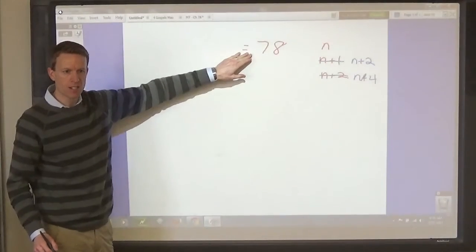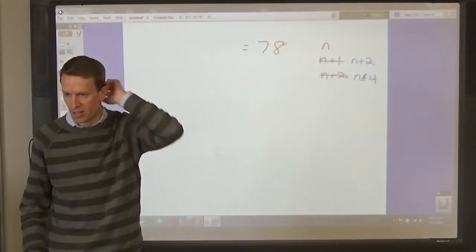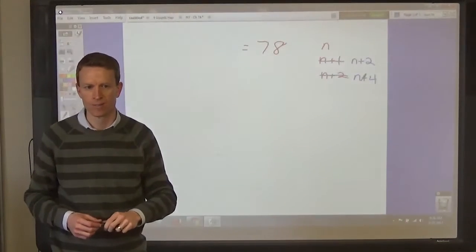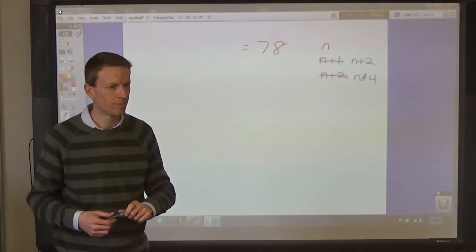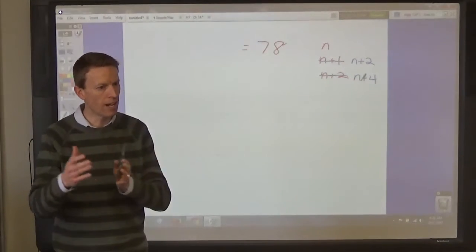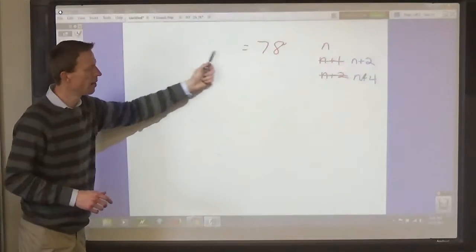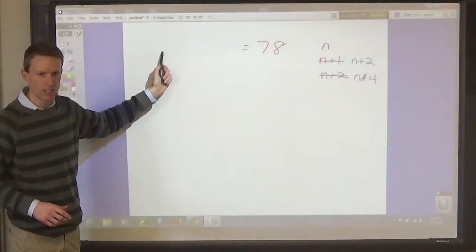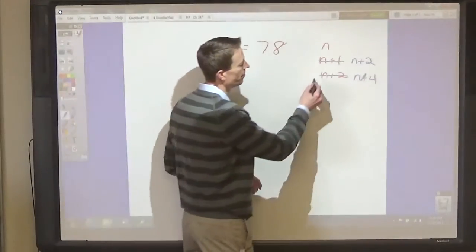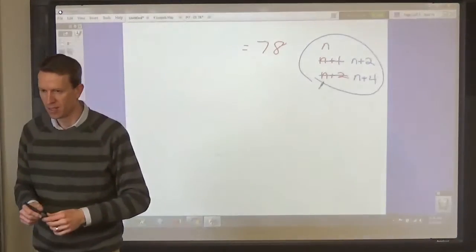If it said the sum of 3 consecutive even integers equals 78, now what would you do? The sum means they're all added together. So now write this equation using these expressions. Go ahead and do that in your notes.